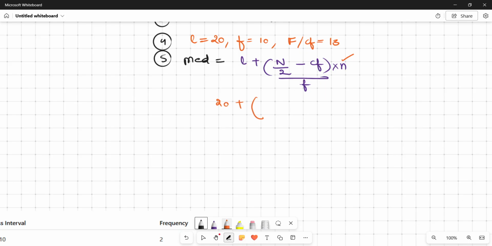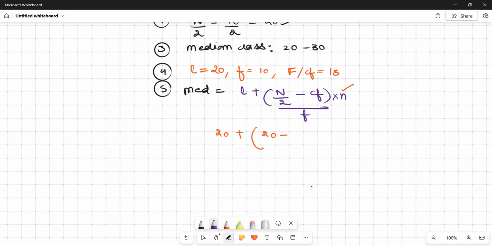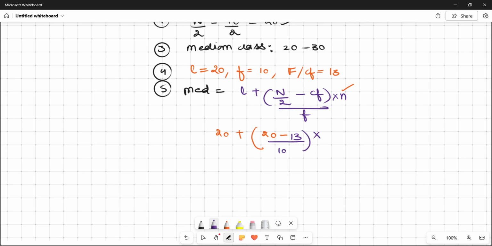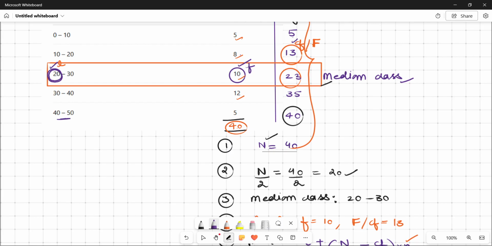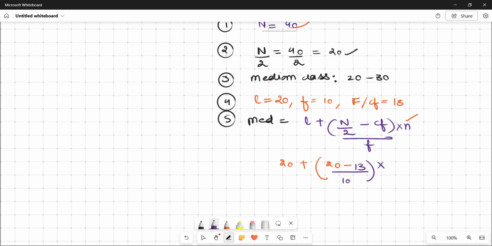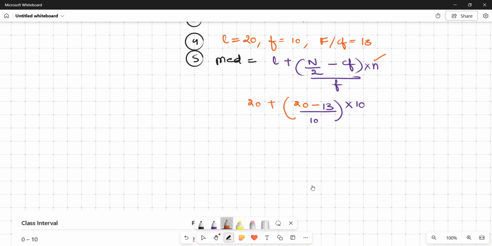N by 2 we have already calculated, I think that was 20. 20 minus CF. What is CF? CF is 13, divided by F, the frequency, which is 10, and the class height. We have to check the class size. In this question there is a gap of 10, so I will substitute the value of H as 10.